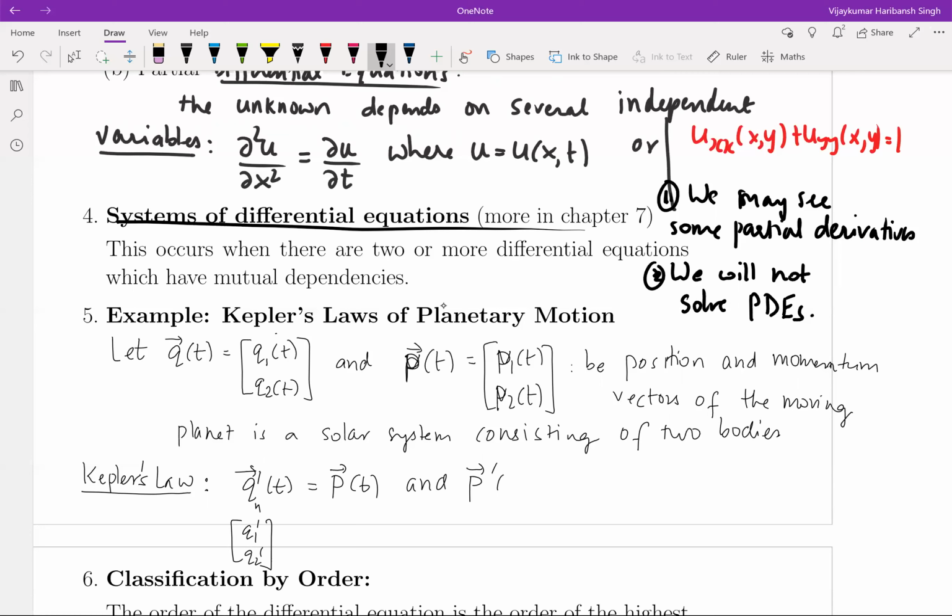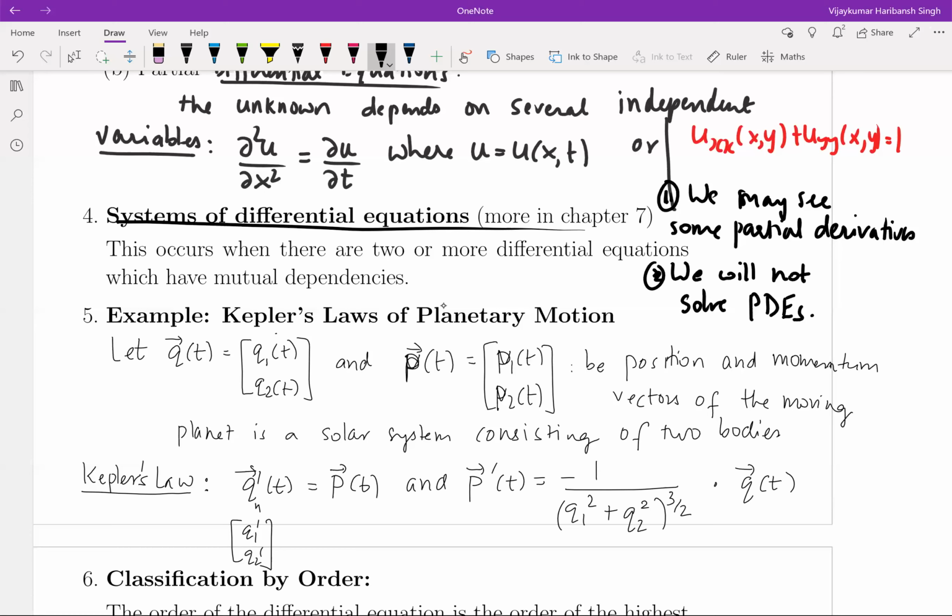P prime of t equals -1 over (Q1 squared plus Q2 squared) to the power 3 by 2 times Q of t. So this is a connection between what? The position and the momentum. And if you try to draw this under certain constraints, you'll see that a nice ellipse will come out.